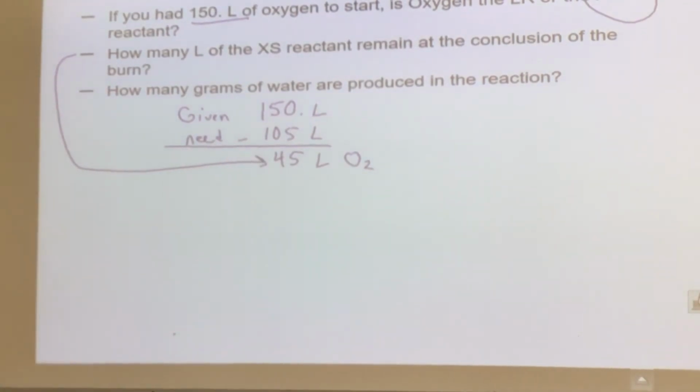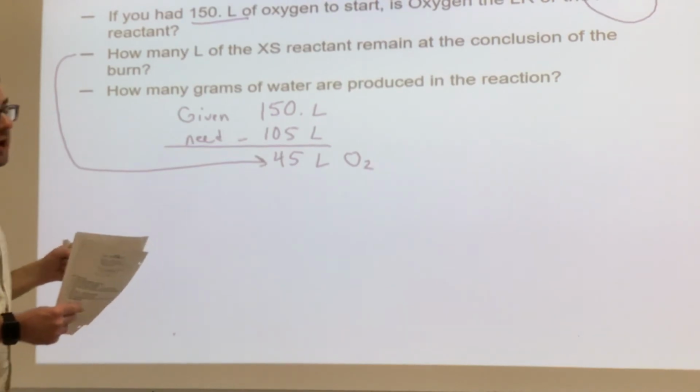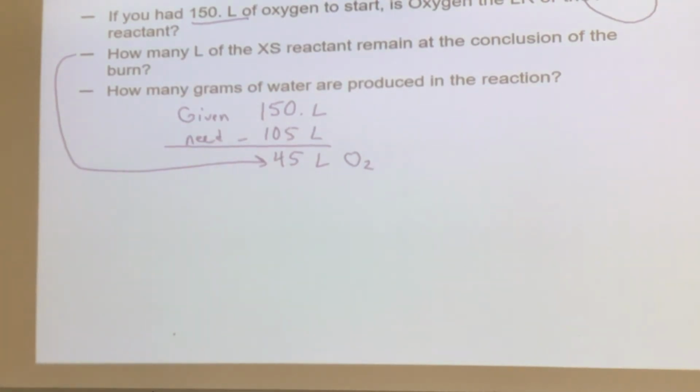All right? And then how many grams of water are produced in the reaction? What do we start with for this? The limiting reactant. Yeah, exactly. We're going to start with the limiting reactant, okay? What other thing could we start with besides the limiting reactant? And I'm hesitant to even ask this question, but you can start with something else. 105 liters.